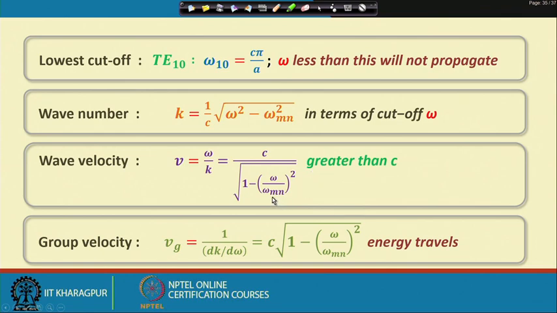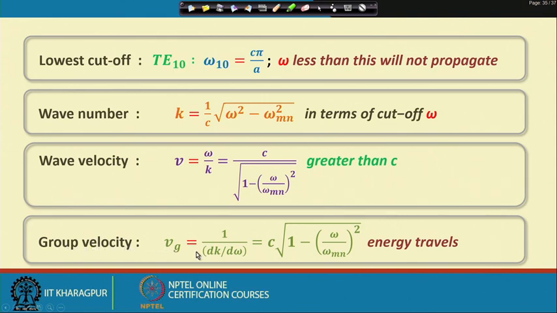For example, I look at the T10 wave, then this omega will be omega 10, and if I substitute this value, I know that the wave velocity will be this. So, for various modes the propagation velocity will be different, and as they propagate along the structure, they will develop a phase difference. We will utilize this property in some device applications.